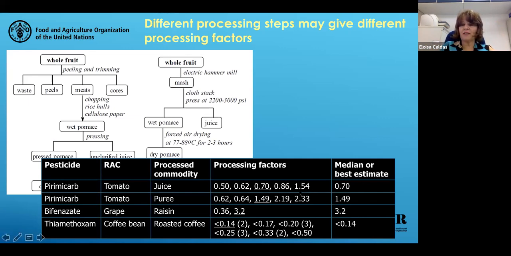So in this case, we went to the original study. Coming back to the residue trials, we only disregard a number, whether too low or too high compared with the other ones, if there is a clear indication that there was something wrong with this trial. Otherwise, we have to consider it.